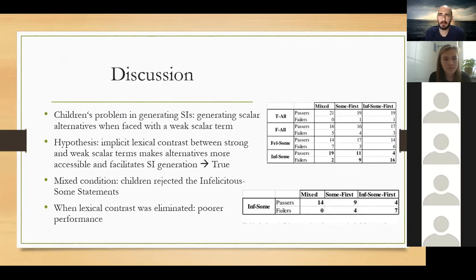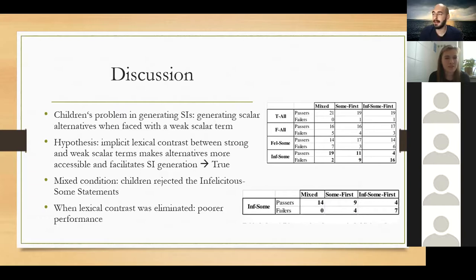Did they mention why they decided to use a pseudo word instead of a real word? I don't remember if they mentioned it. I just remember that they said these are blickets and these are the only blickets that exist in the world. But I don't know why they used blickets and not something else.